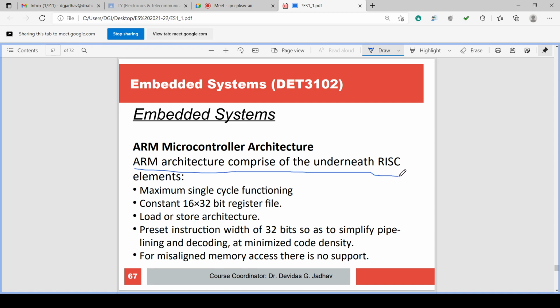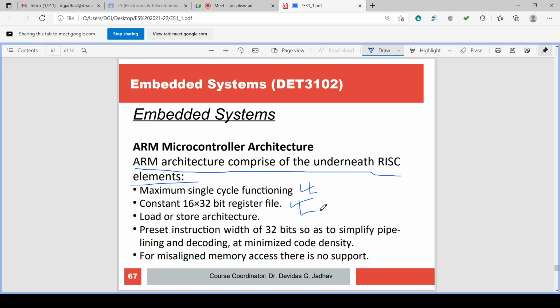ARM architecture contains the following RISC elements. The maximum single cycle functioning. Constant 16 by 32-bit register file.